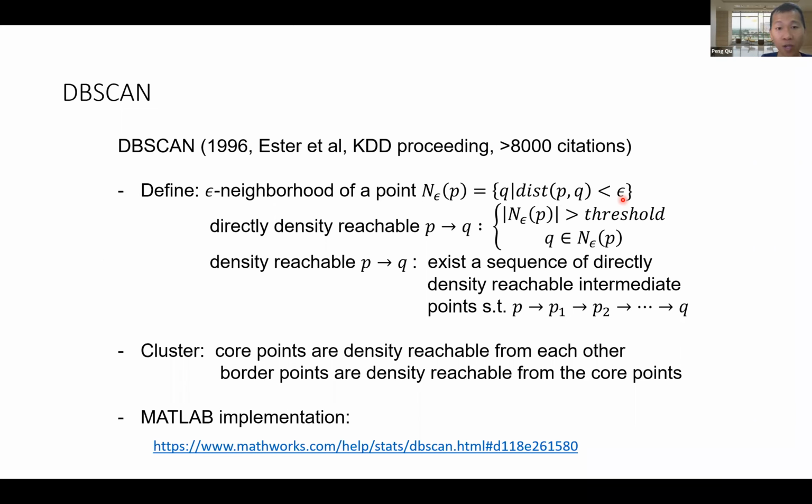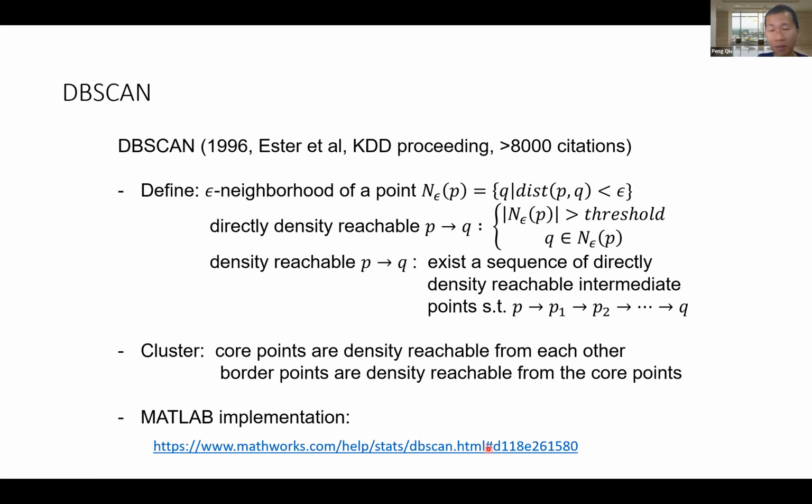And when it comes to the valleys, their assignment will be relatively random. Some algorithms will try to assign a cluster label for every data point, and some algorithms will say that in the valley area the density is so low that we don't want to assign them into any cluster. So that's the general idea of density-based clustering.